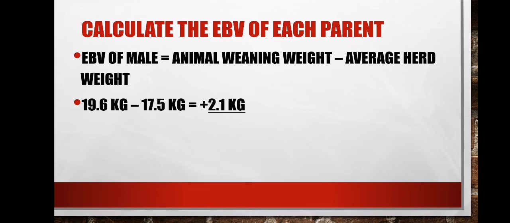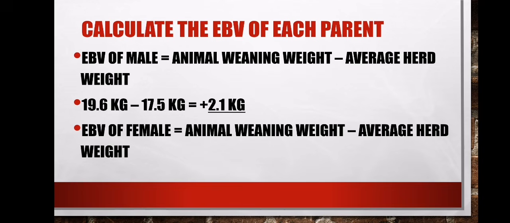So we got our answer, which is 2.1 kg. If they want us to provide an implication, what will you say? You will say the offspring will be 2.1 kg greater than the average weaning weight. Okay. Let's look at the one of the female. Again, we use the same formula.